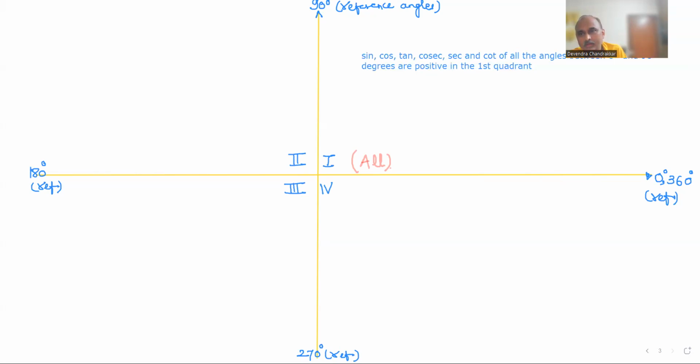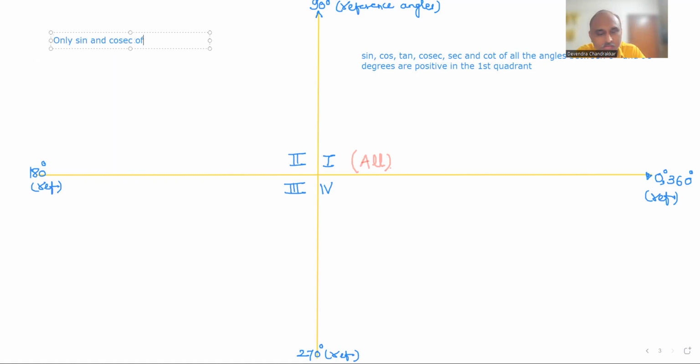So 0 degrees and 90 degrees. Now the same thing in the second quadrant: only sine and cosec. If sine is positive, cosec will be positive.